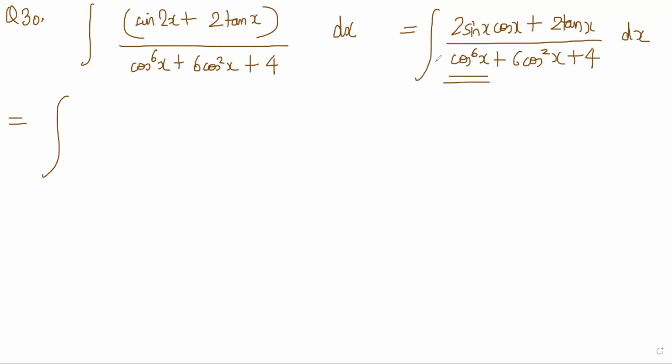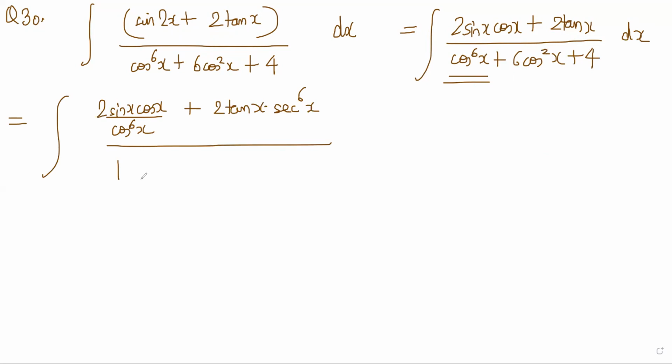If I do that, I will get 2 sin x cos x by cos power 6 x plus 2 tan x into sec power 6 x divided by, this becomes 1 plus 6 sec power 4 x plus 4 sec power 6 x, right?